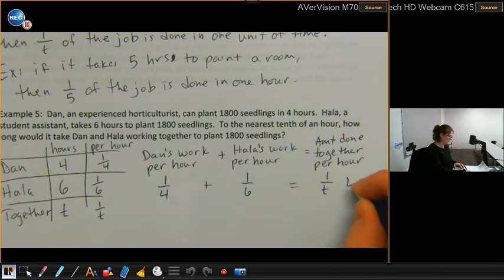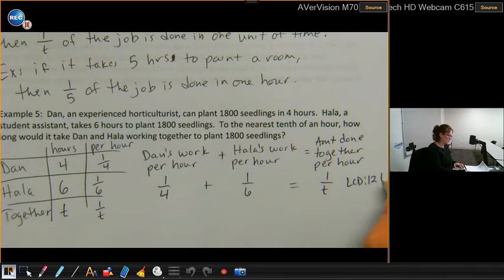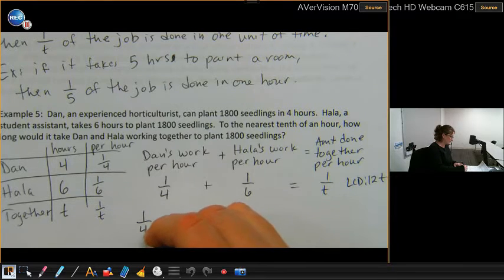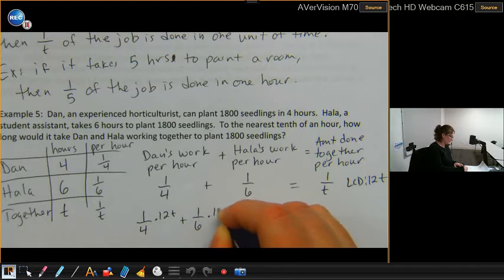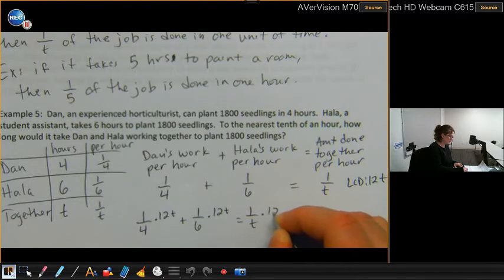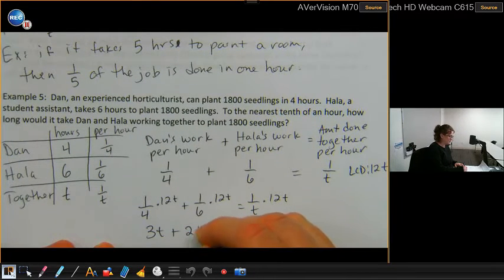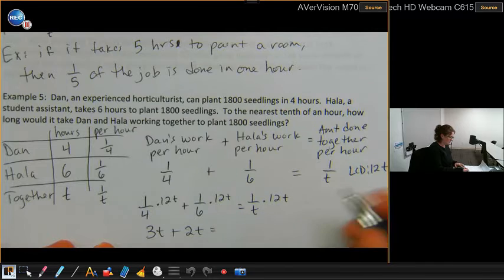The LCD of 4 and 6 is 12. The variable is T. So I'm going to multiply by 12T. And what I get after simplifying my fractions is 3T plus 2T equals 12.